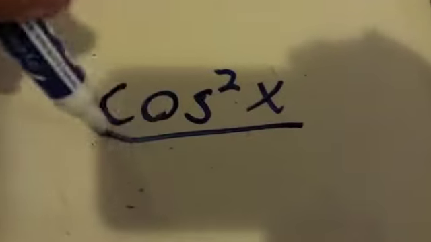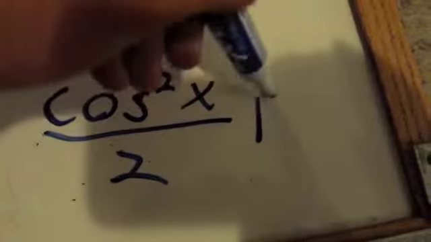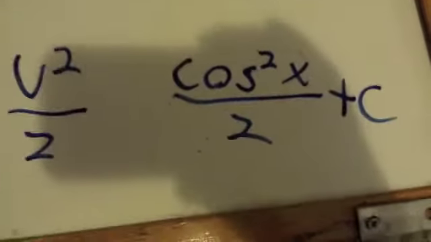And we know that cosine x is u, so what we end up with is the integral of u du, which, as you know, ends up being u squared over 2. Now we just plug back in what we used for u, and we come up with cosine squared x over 2. And don't forget plus c.